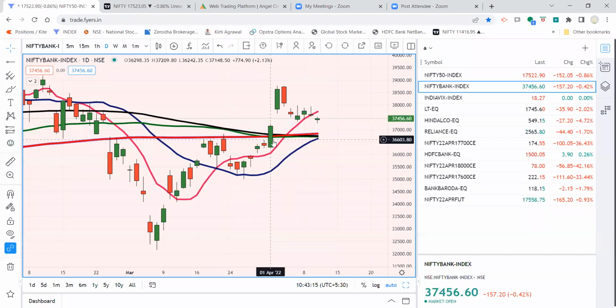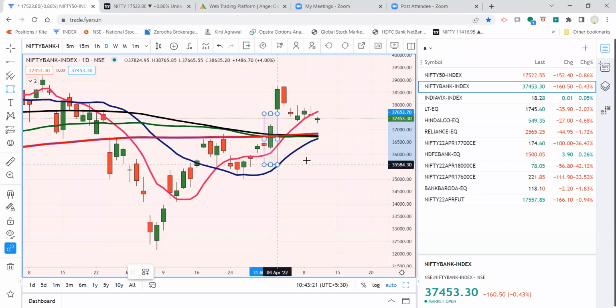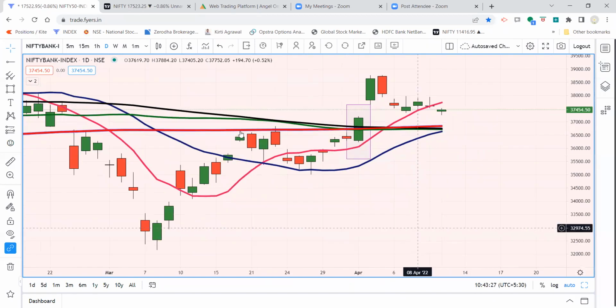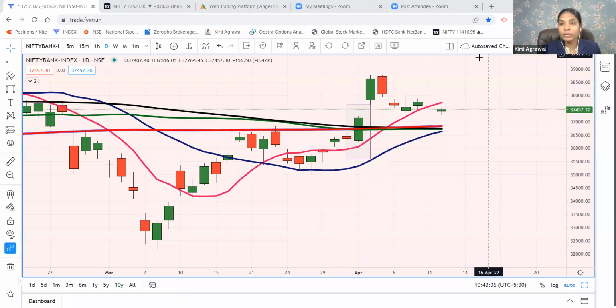This was the zone where Nifty Bank first tested the 200-day moving average. This red moving average you are seeing on the chart is your 200 period moving average. It's flattish, a solid and the strongest support zone, and this is the price action concept.